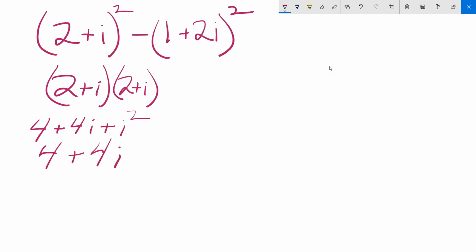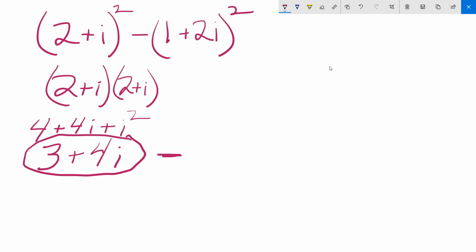Well, always reduce. Anytime you get an i squared, turn it into a -1. Okay, so it'd be 4 plus 4i minus 1. Right, now you can combine the 4 and the -1. Those are both real numbers. So that's what you get. Okay, so this is what 2 plus i squared is. Now, tell me what 1 plus 2i squared is.